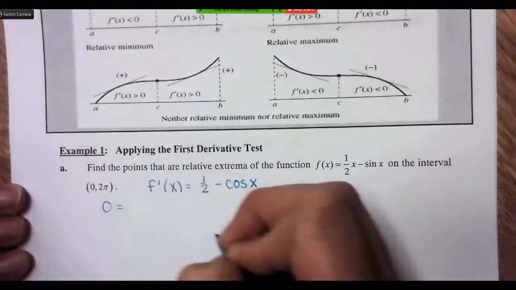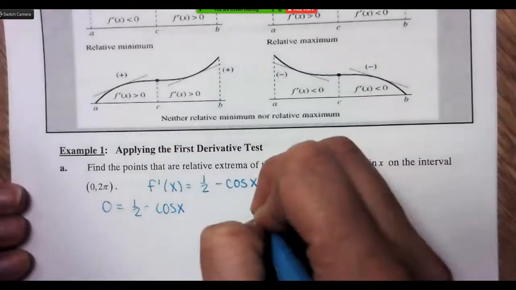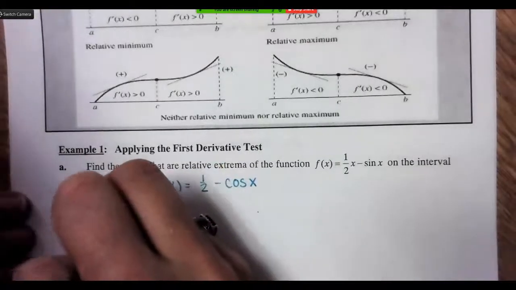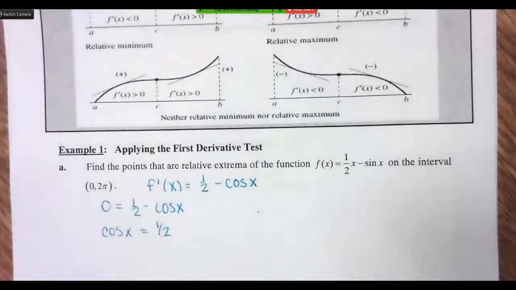So we're going to find when 1/2 minus cosine x equals 0, and at any point where 1/2 minus cosine x would be undefined. So we have the cosine of x is equal to 1/2. So when does the cosine of x equal 1/2?